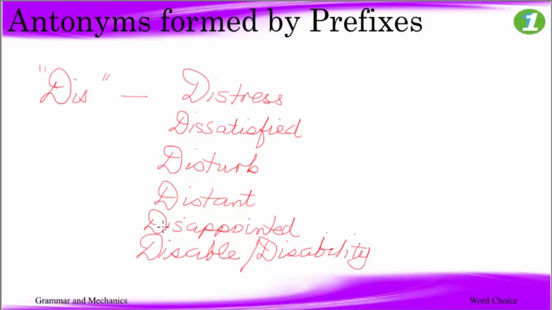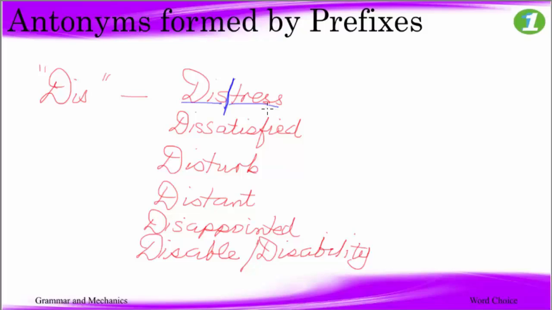So look at them. Let's take the first one. Distress. This is the prefix we are using, so we have to isolate this. So let's put a line between them. This is our prefix, and we end up with this word called tress.